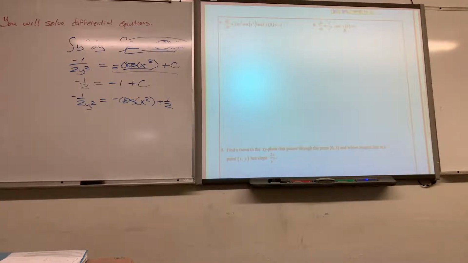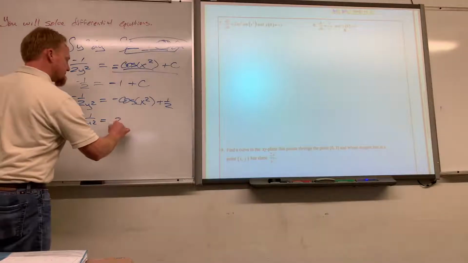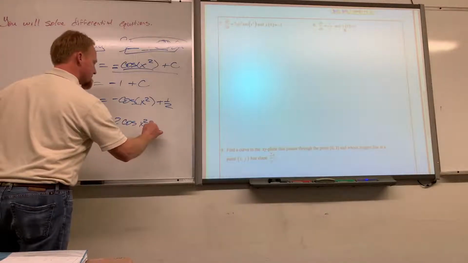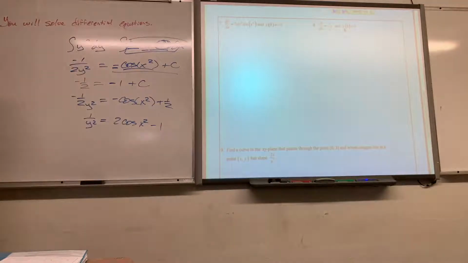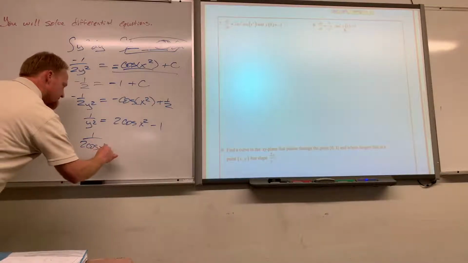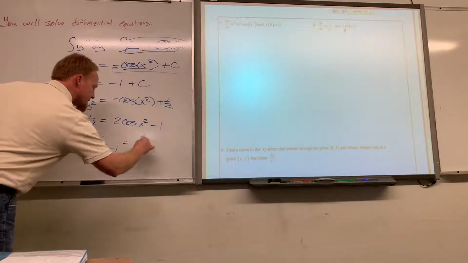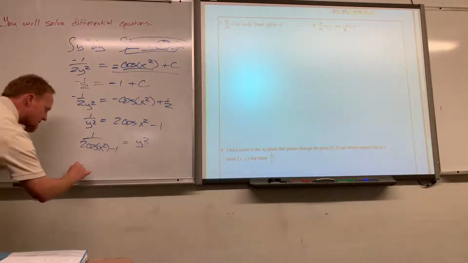Solve for y, but what do you recommend we do? Multiply by -2. And then my last step, you just put everything over 1, then switch them. Yep, and then that last step is to square root it.